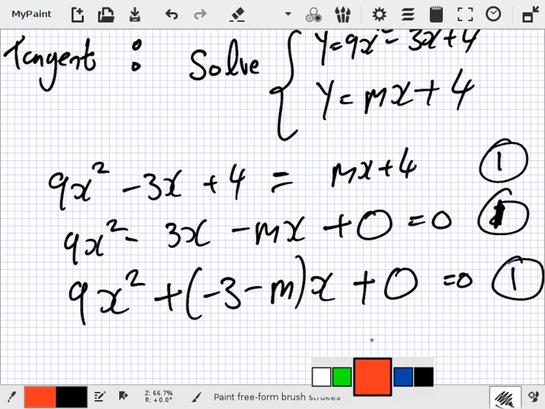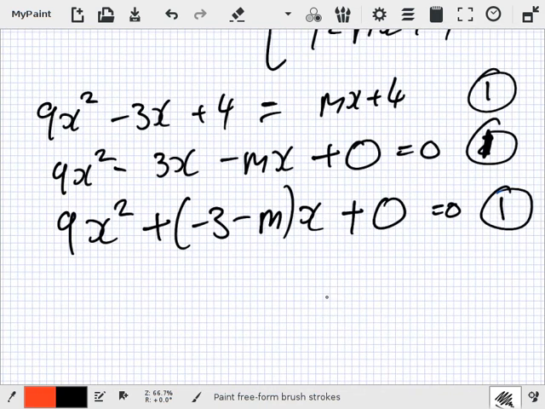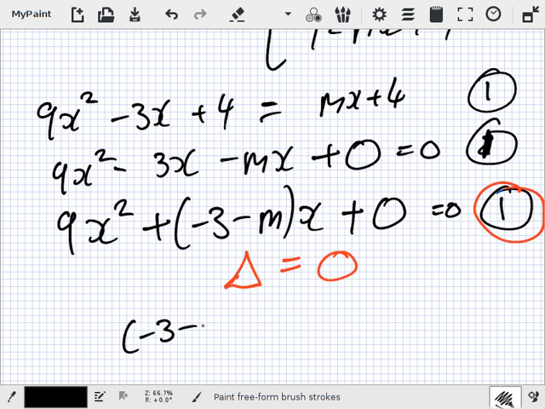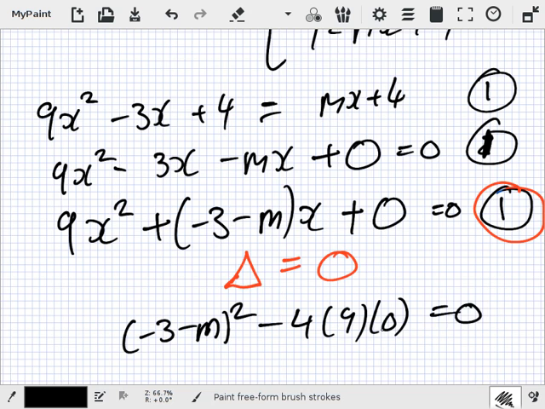Now, how can you check how many solutions a quadratic will have? The discriminant should equal what if it's supposed to have one solution? 0. So you can say b squared minus 4ac should equal 0.